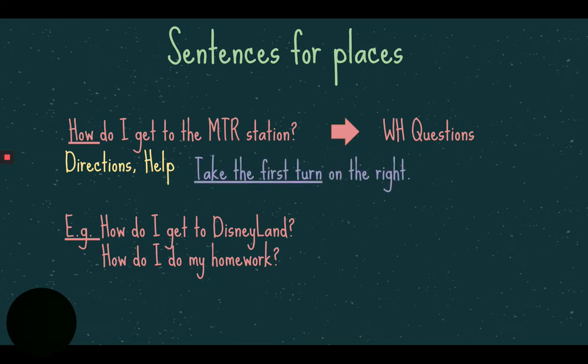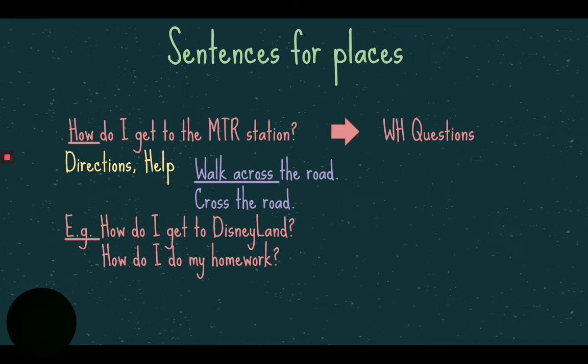These are all directional questions, so we can also use another example by saying, take the first turn on your right, or take the first turn on your left. Or you can also say, walk across the street or walk across the road. Another way to say the same sentence is cross the road.